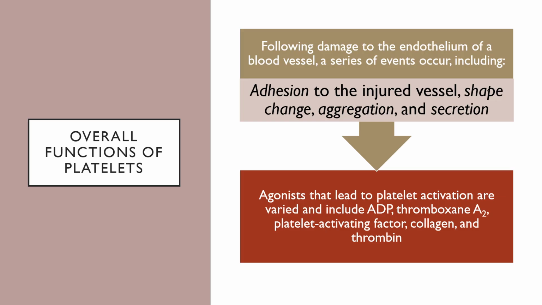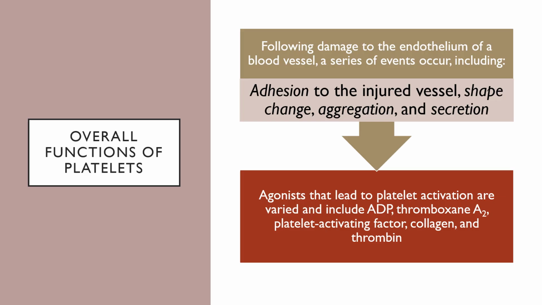Following damage to the endothelium, the site of injury of a blood vessel, a series of events occur, including adhesion to the injured vessel, shape change, aggregation, and secretion of those granules. And there are specific agonists that lead to that platelet activation, and they're varied and include a few different things.